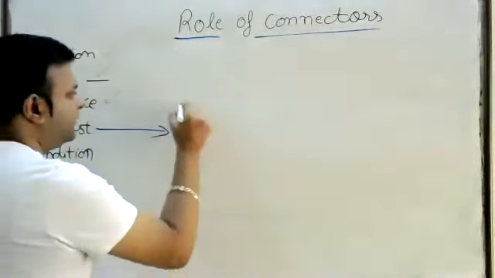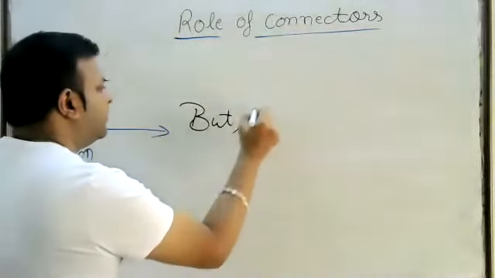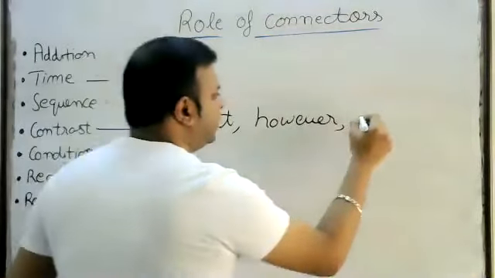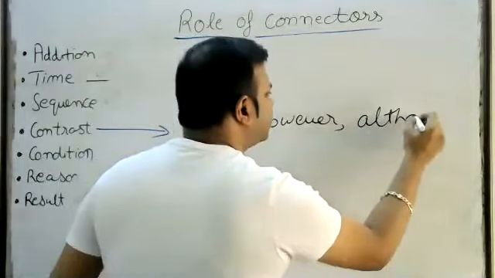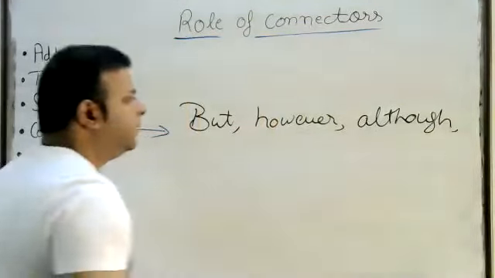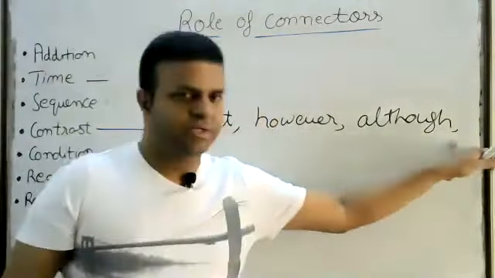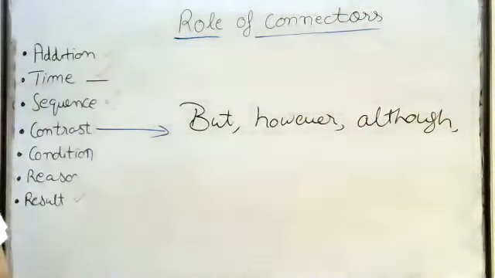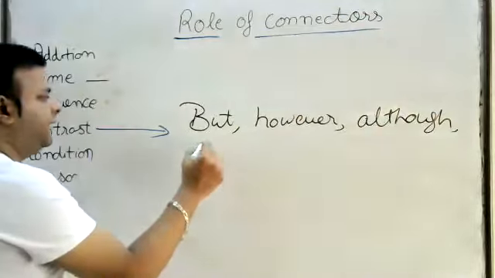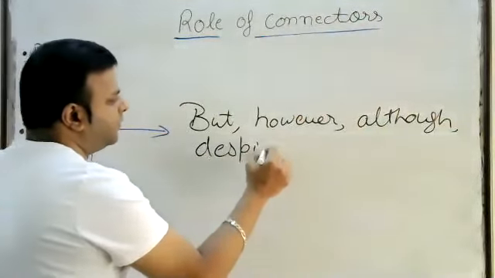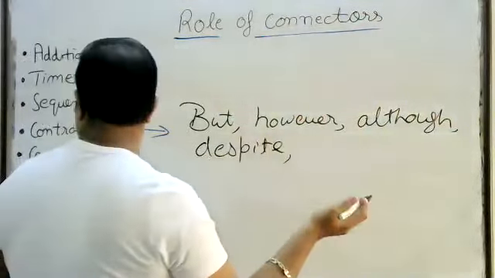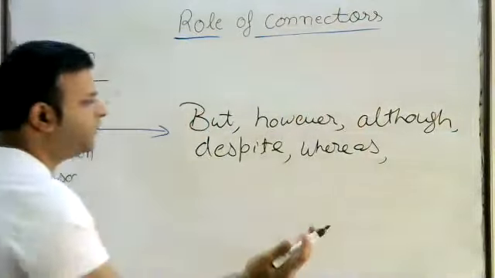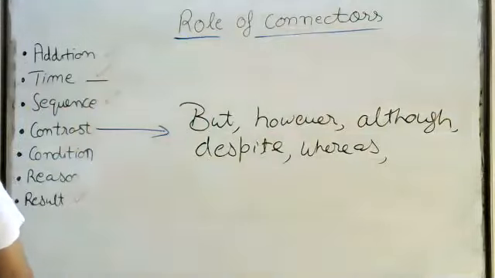Like but, however. You can also use although. People generally say although, yet, but there's no such structure. Although, you can also use despite. When you're contrasting, you can also use whereas, because you're going to be doing a comparison.